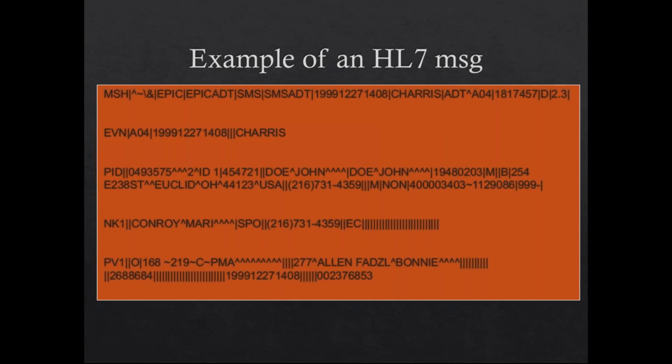Name can be divided into first name, last name, middle name, or suffix, etc. Right? So again, the name is broken down into four different components, and that is indicated or separated with the help of the component separator, which is nothing but a caret.